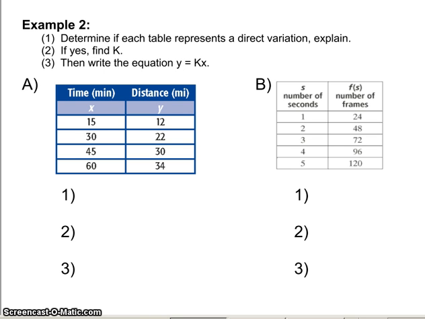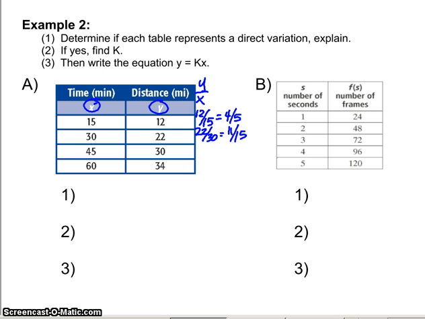So in this case, our x and our y values are labeled for us. So let's go ahead and find our k values. Again, k values are very much the same thing as a unit rate. So here we're going to do 12 divided by 15, which simplifies to 4/5. Let's see if then we have 22 over 30, and this simplifies to 11/15.